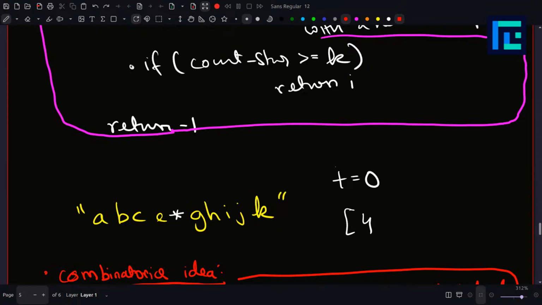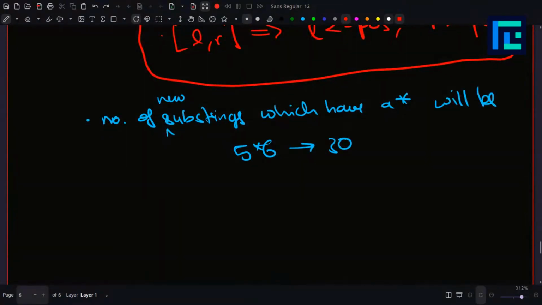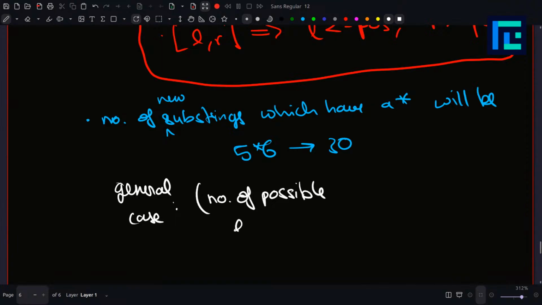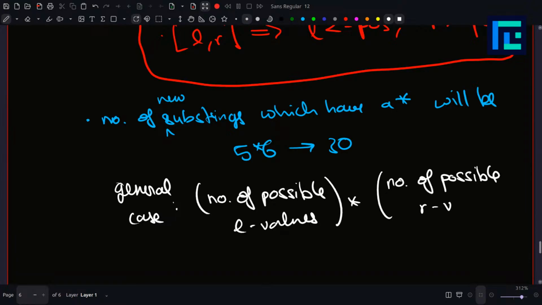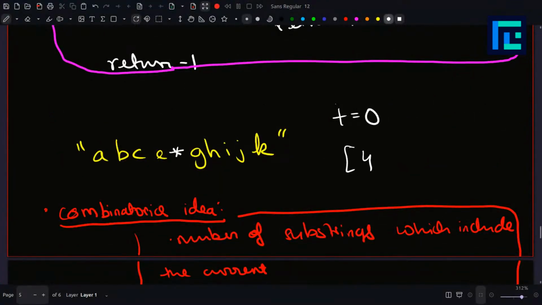Using the multiplication rule of combinatorics, it's simply 5 times 6. The general case is the number of possible L values times the number of possible R values. This is how we count how many new substrings include this position.